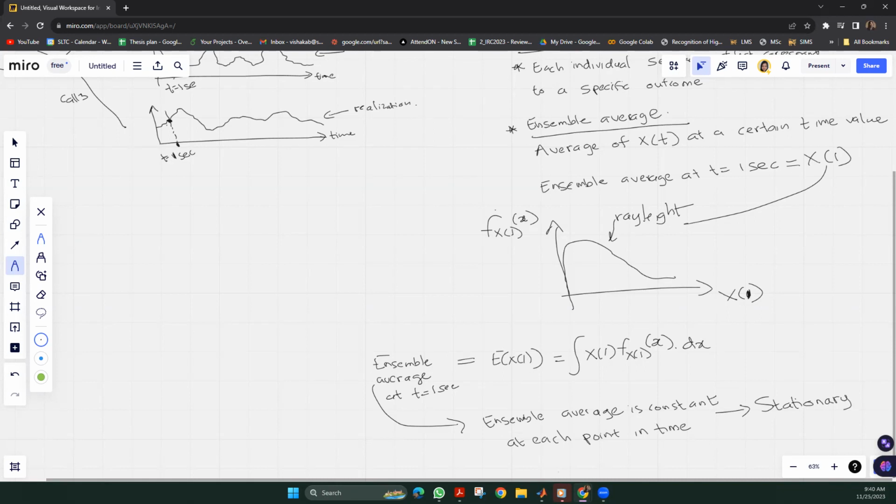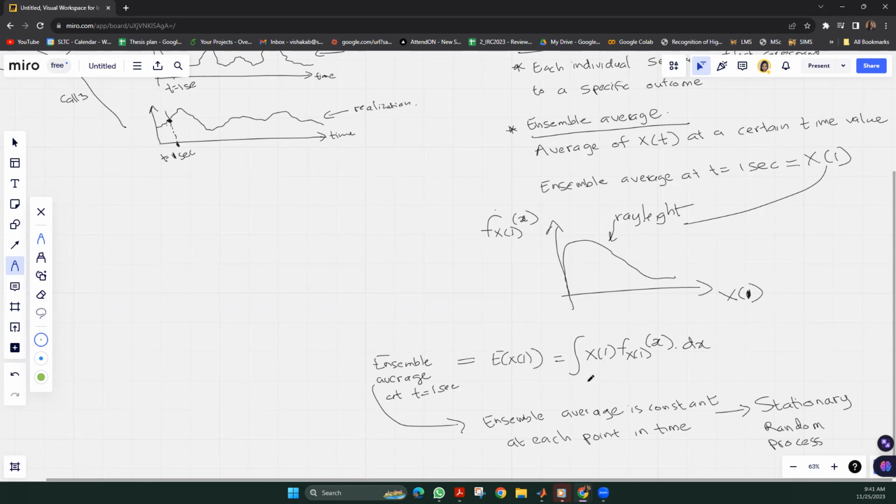We will learn about stationary random processes as well. Basically, we keep in mind that once the ensemble average is equal at each point in time, that process is known as a stationary random process.